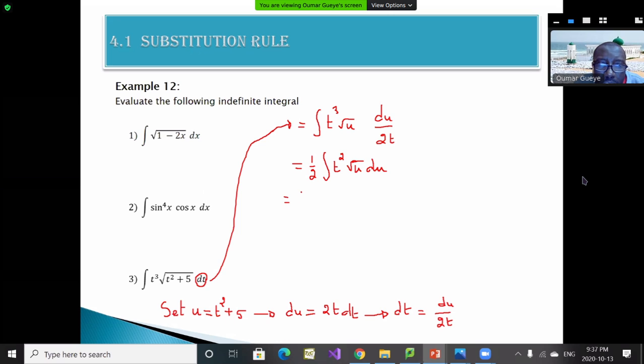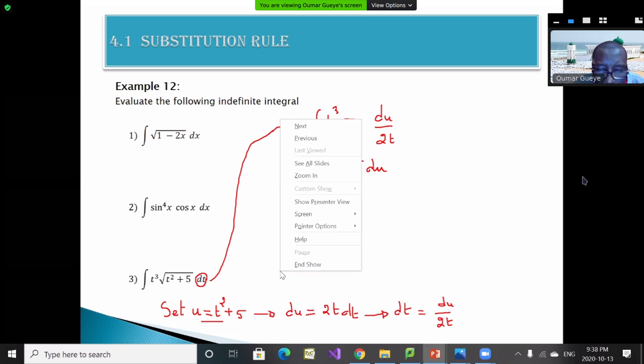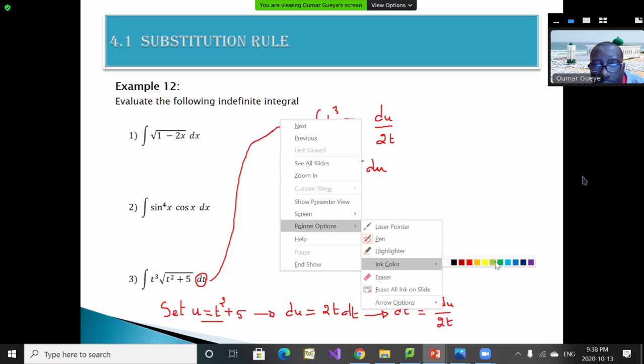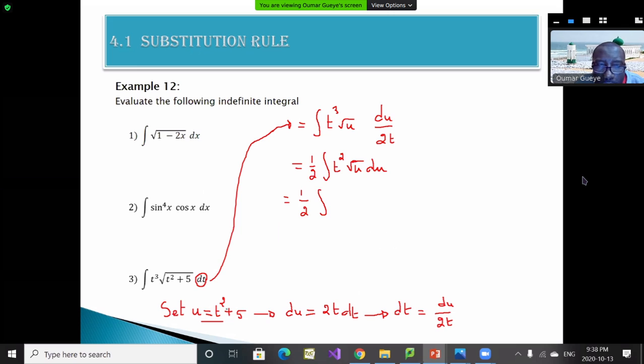So we'll get 1 over 2 integral of, but t squared, you guys can get it from here. t squared is equal to u minus 5, right?